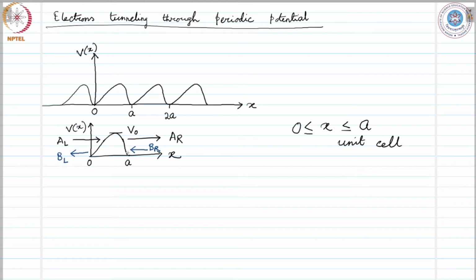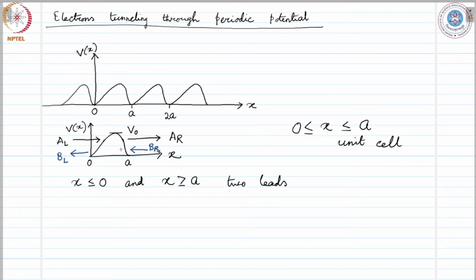We have a lead at x ≤ 0 and another lead at x ≥ a, and in between we have the potential that we have drawn here.